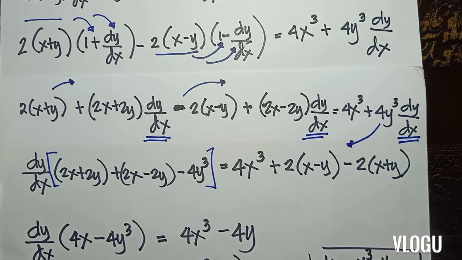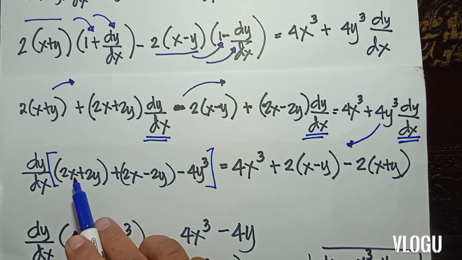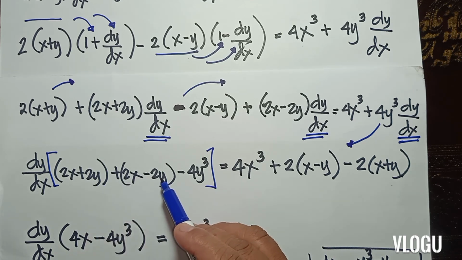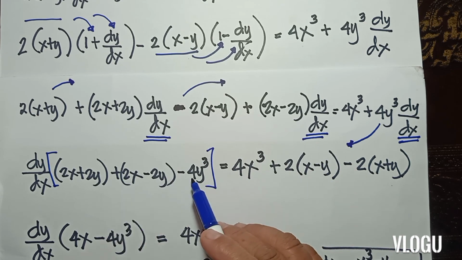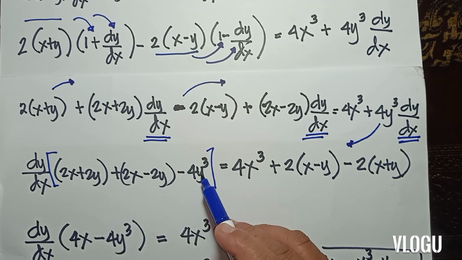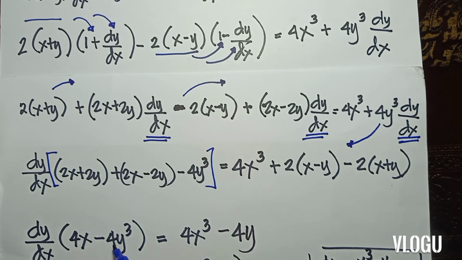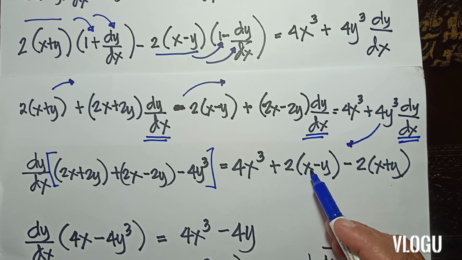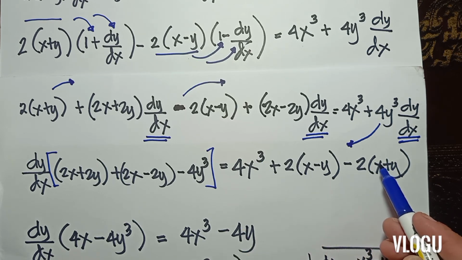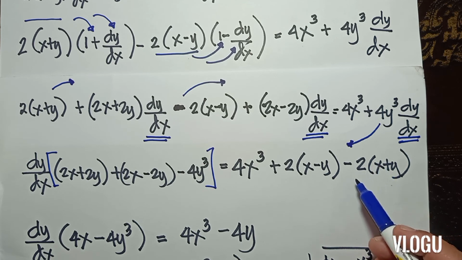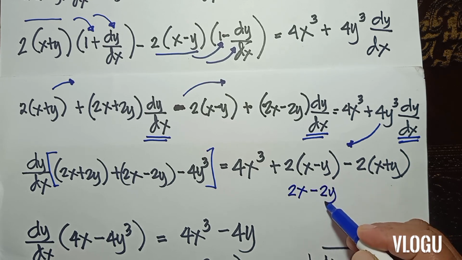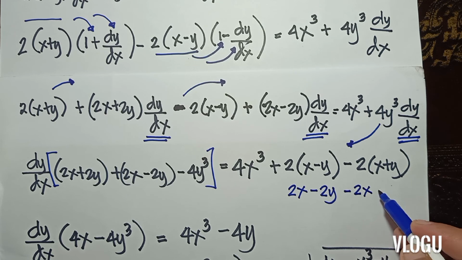Okay. So what happened here is that 2x plus 2x, that is 4x. 2y minus 2y, that is 0. So cancelled out. So what is left is negative 4y cubed. So you will have 4x minus 4y cubed. Here we have 4x cubed. 2x minus 2x, if you distribute 2 inside, what we have here is 2x minus 2y minus 2x negative 2y.